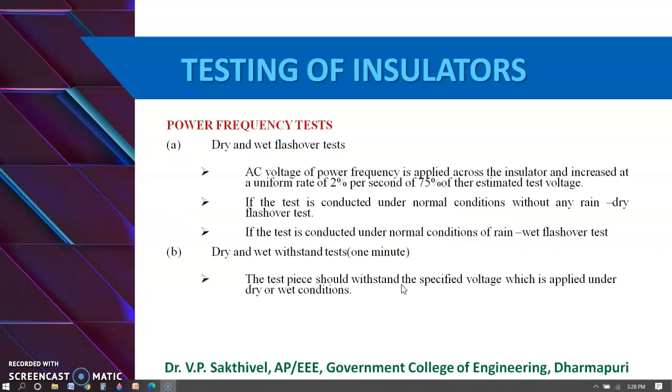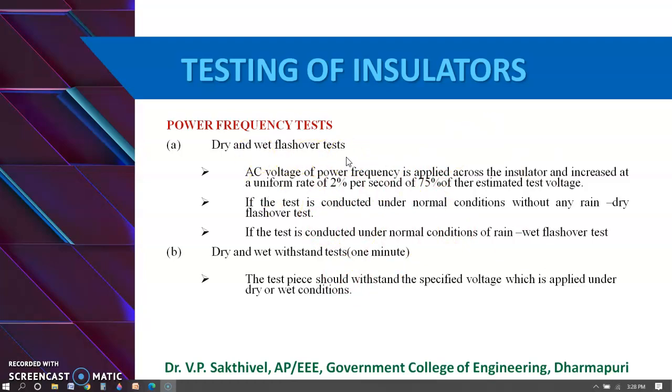Again, this power frequency test can be classified into two types. One is the dry and wet flashover test. Another one is the dry and wet withstand test. The first one is the dry and wet flashover test.